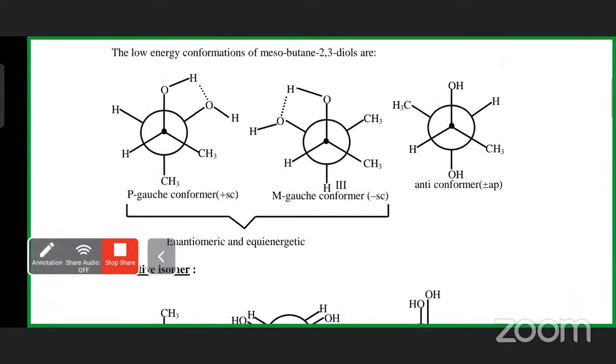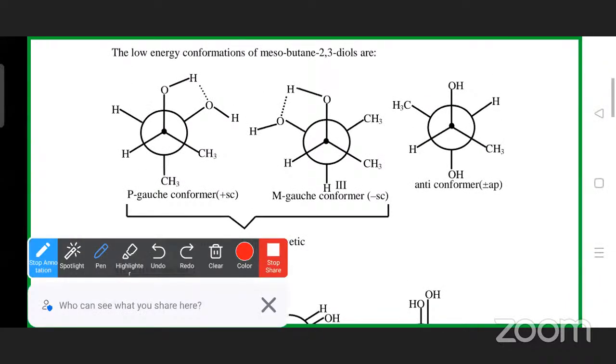Now you see in the meso conformation, these are the conformers: eclipsed, P gauche, M gauche, and anti-conformer. These are four conformers here. Among these four conformers, these two, P gauche and M gauche, are the stable conformers.